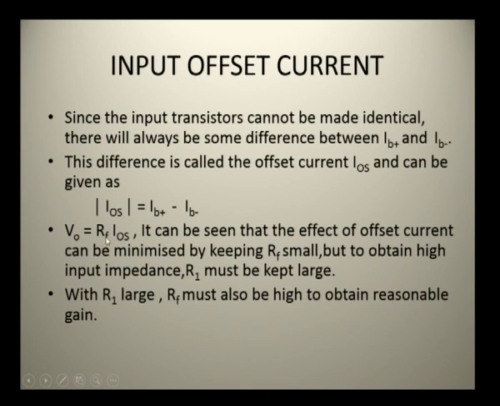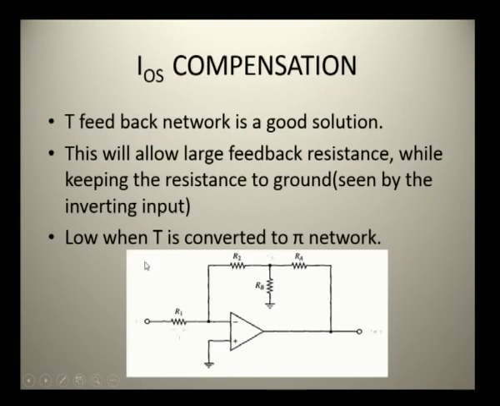So what do we have to do to compensate the effect made by the input offset current? For that, we are designing a circuit. In the feedback path, it is a T feedback network, provided by R2, RB and RA. This T feedback network gives high resistance to the inverting input terminal.